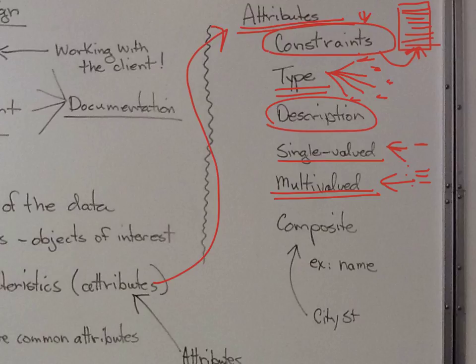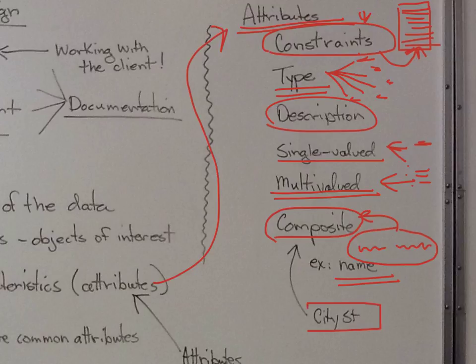Single value, we can just assign a value to it. A composite is a little bit different. A good example would be if you're giving somebody's entire name, first name, last name, and if you're storing those in one attribute, that could be a composite attribute. City, state, sometimes they store those together. That could be a composite.